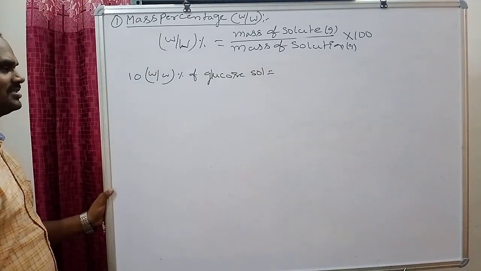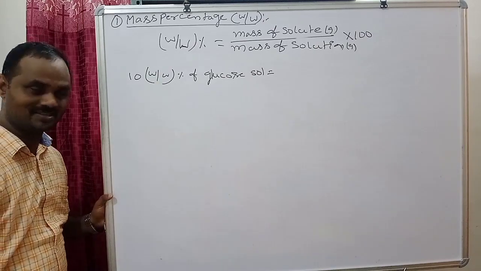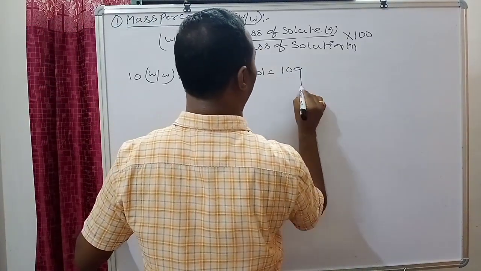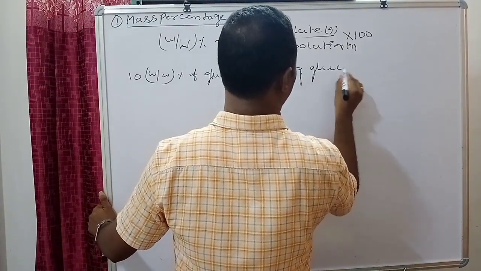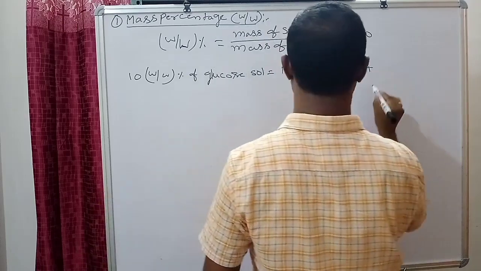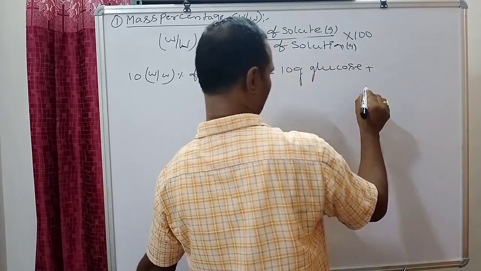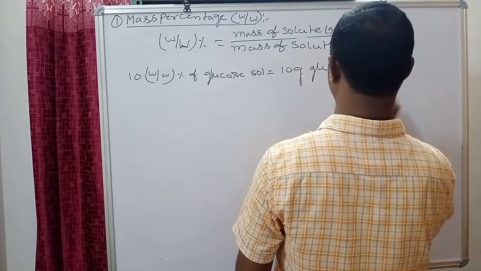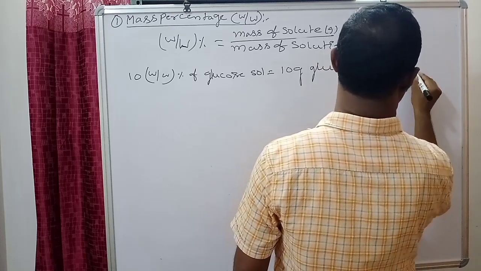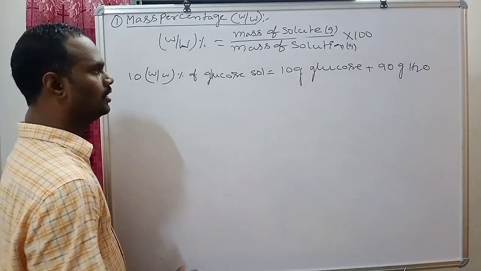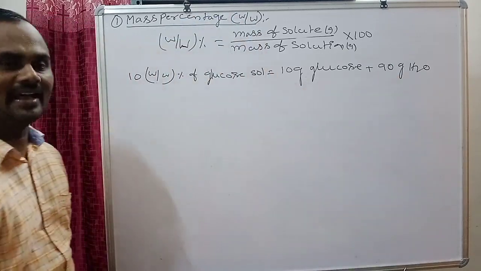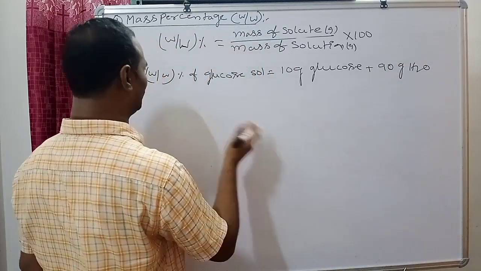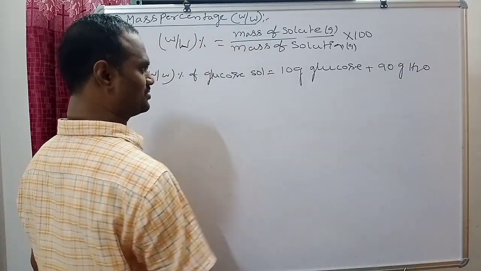What is the meaning? 10% glucose solution means 10 grams of glucose is present with 90 grams of water, both together equal to 100 grams. 10 grams glucose dissolved in 90 grams of water gives a solution of total 100 grams.